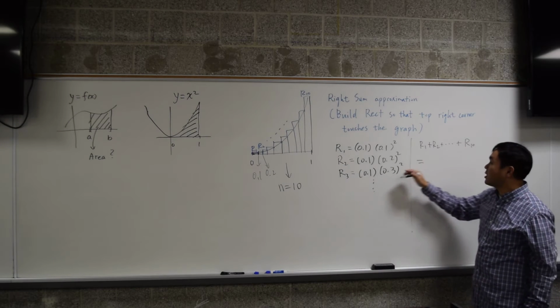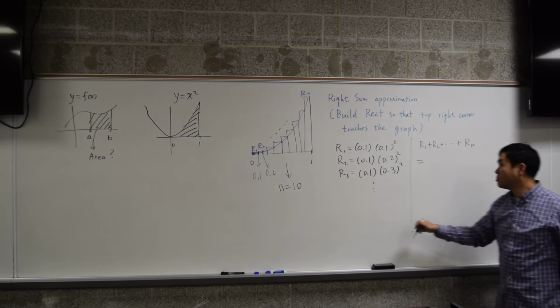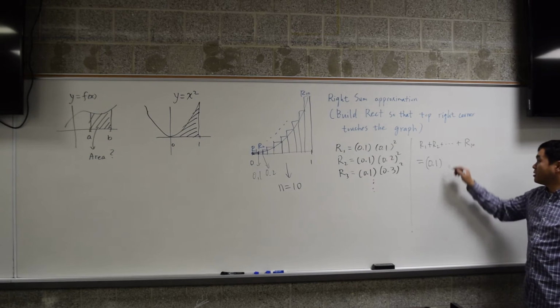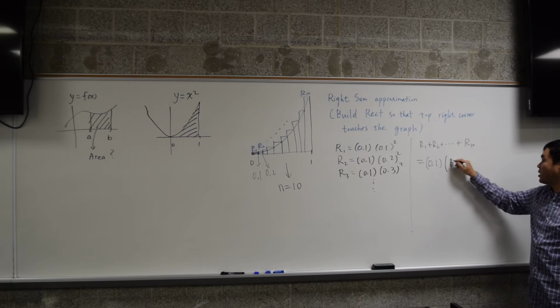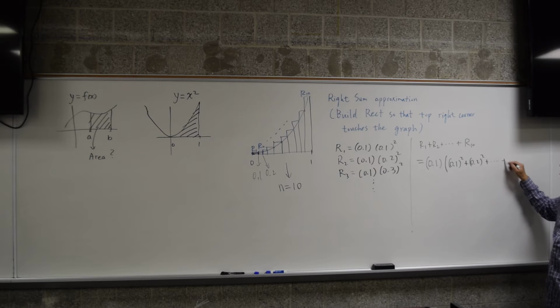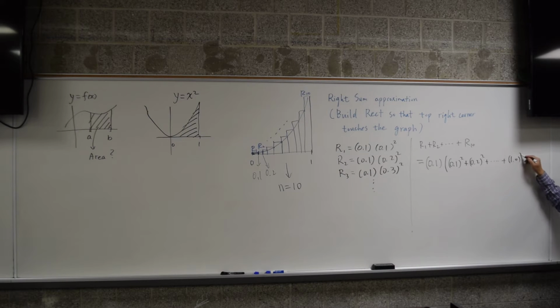See, every one of them has 0.1 multiplied. And then this is 0.1 squared, 0.2 squared, all the way up to 1.0 squared. And then you can add this up.